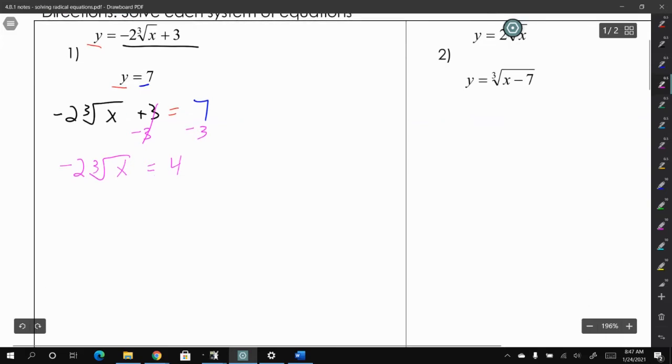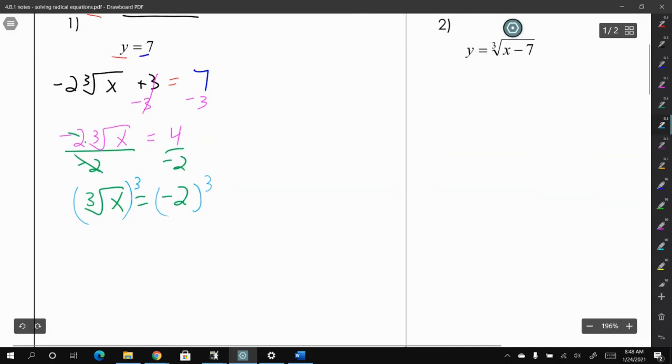Now I'm going to divide both sides by negative 2. And the third root of x is equal to negative 2. So now what I'll do is I will raise each side to the third power.